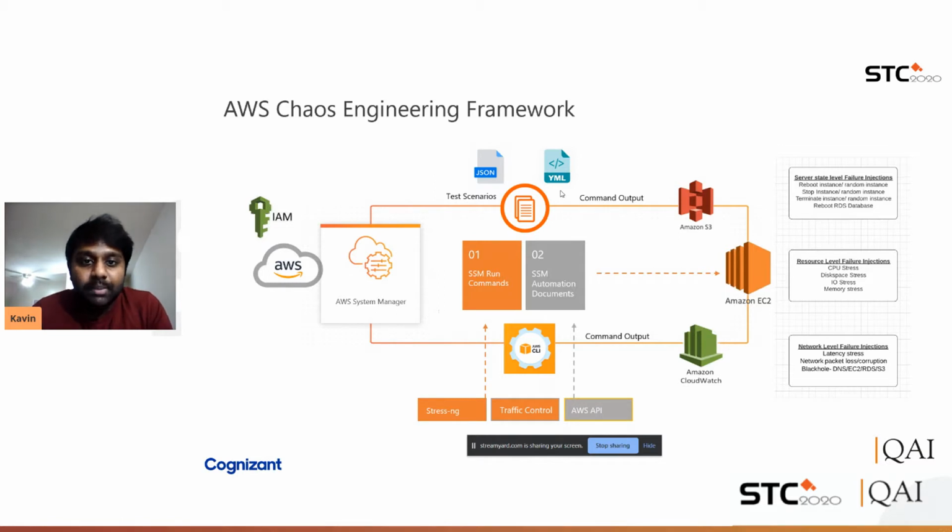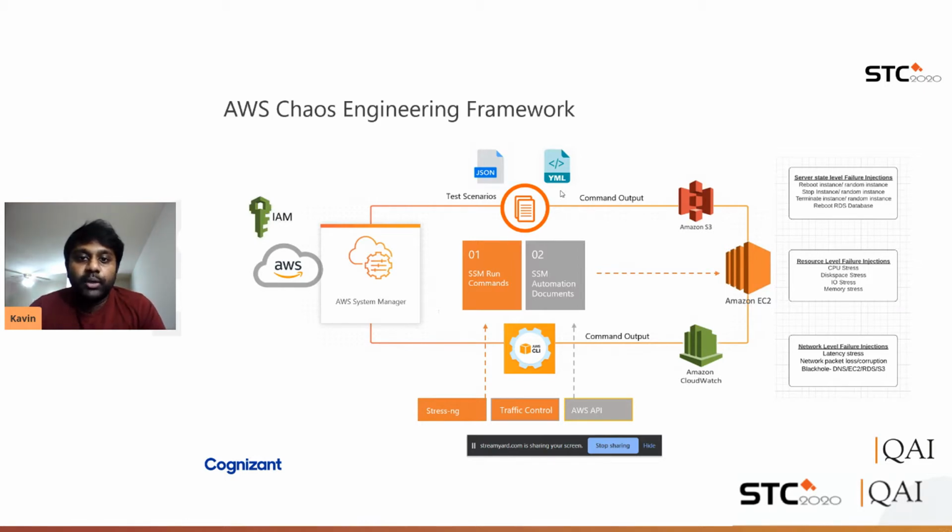So what happens here is the AWS Systems Manager allows us to create test scenarios in either JSON format or YAML format. When you create a new document in the AWS Systems Manager component, it will by default show you a JSON and YAML template. That template, which we'll be seeing in the upcoming slides, is this scenario file which defines what needs to be executed on the EC2 instance.